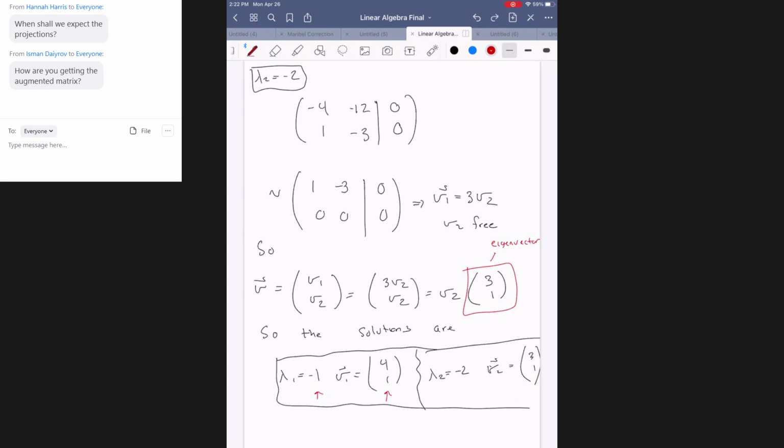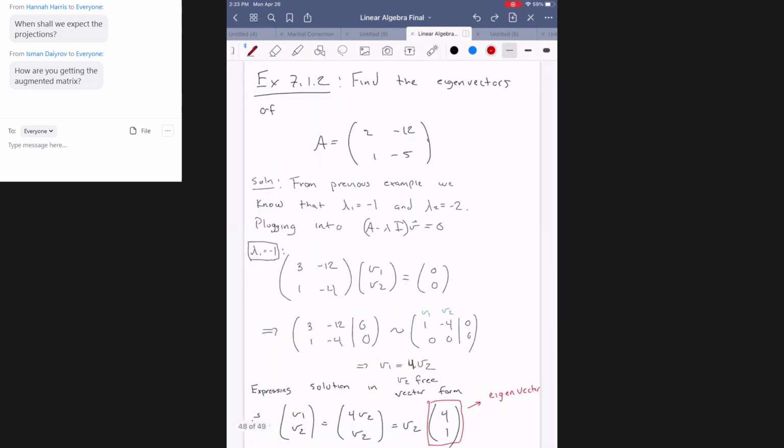Remember, I'm trying to solve this right here. Plug lambda equals -1 into here, and I get A plus I. So literally this is going to go to 3, and this is going to go to -4. Now you have this new matrix equation that you need to solve. Instead of writing it this way, just get this augmented form.